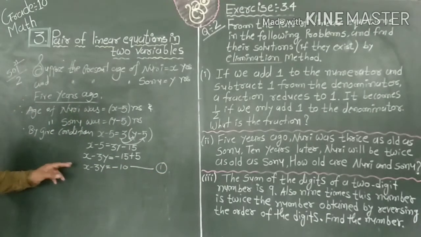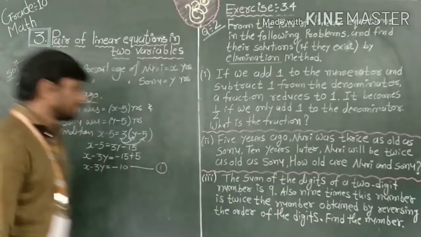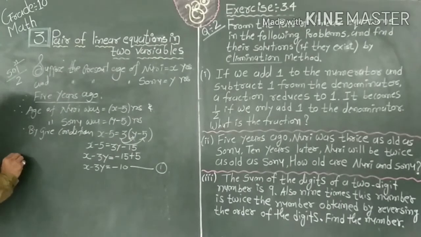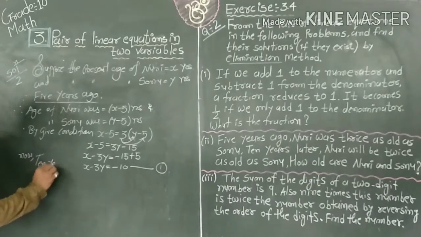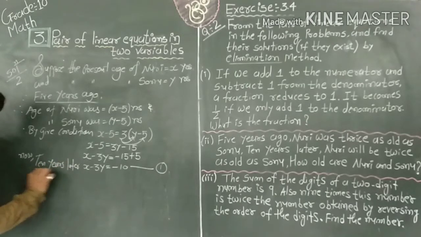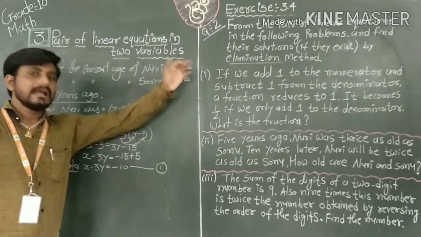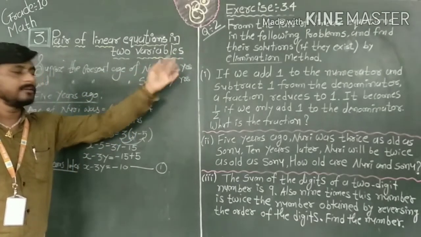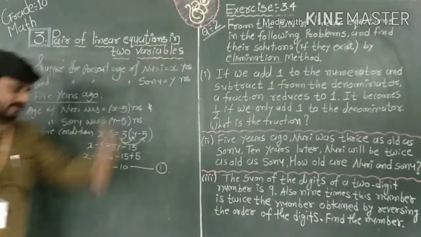Now what is the second condition? 10 years later. So I title here, now 10 years later, Nuri will be x plus 10. After 10 years, Nuri will be x plus 10 years and Sonu will be y plus 10 years.